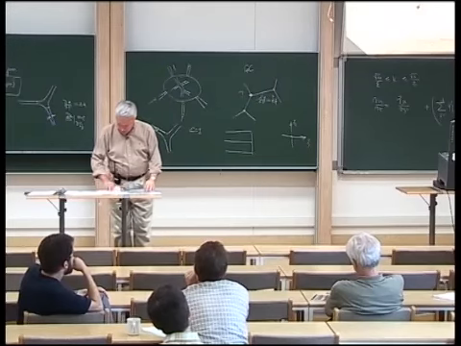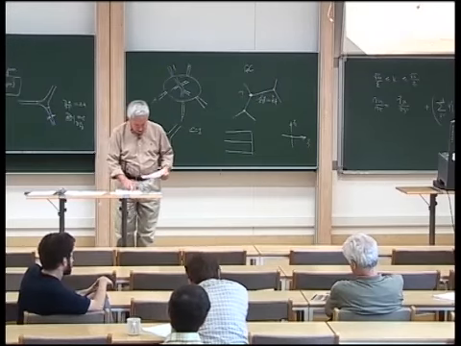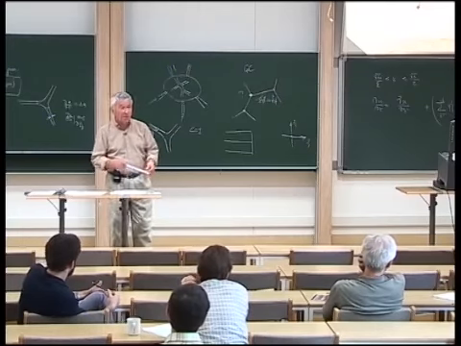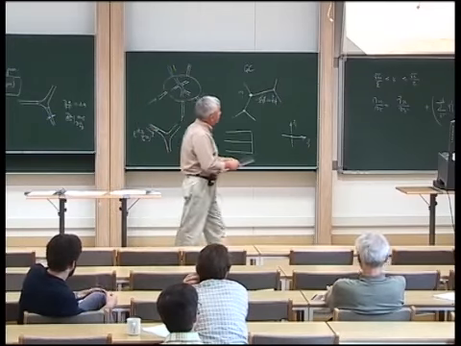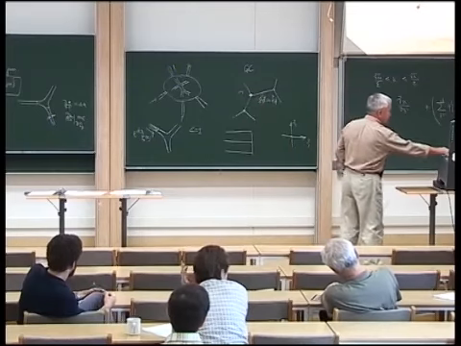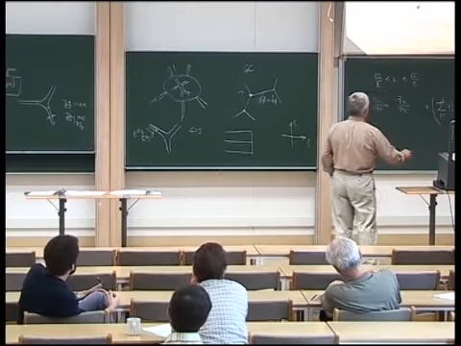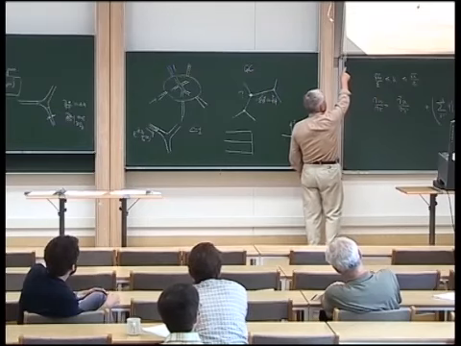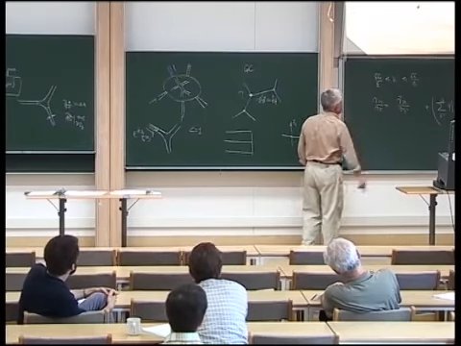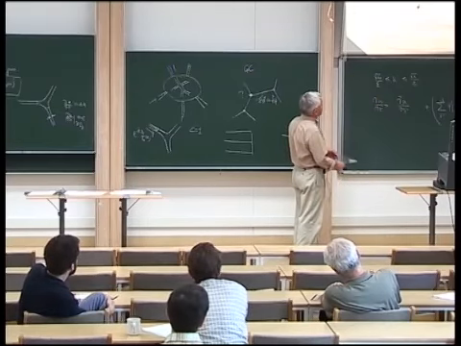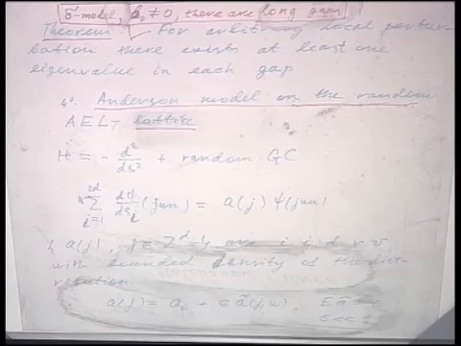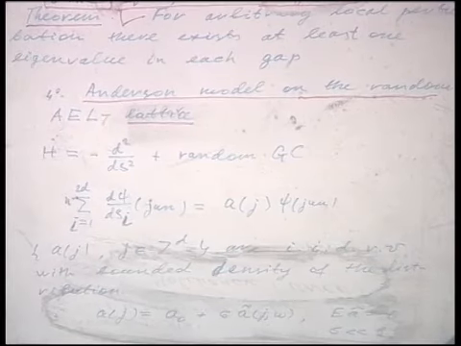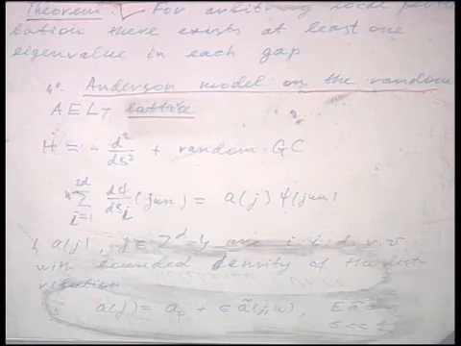And the last slide. Assume that we consider this model, it's number 4, that we have the second derivative and random gluing condition. That means that the constant A, which I called A naught, is now different for different edges.